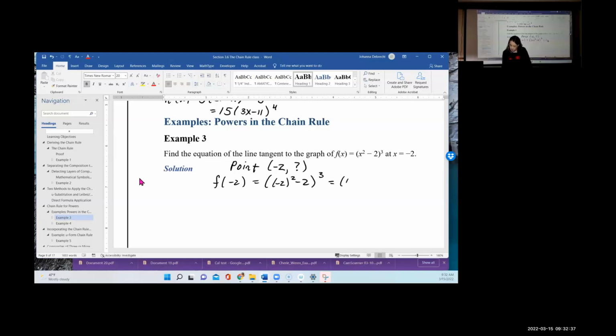This gives us 4 minus 2 in parentheses cubed, which gives us 2 cubed, which is 8. So our point is -2, 8. And notice we did again use the original function, not the derivative, to find the point. Now we want to find the derivative so we can find the slope of the tangent line.